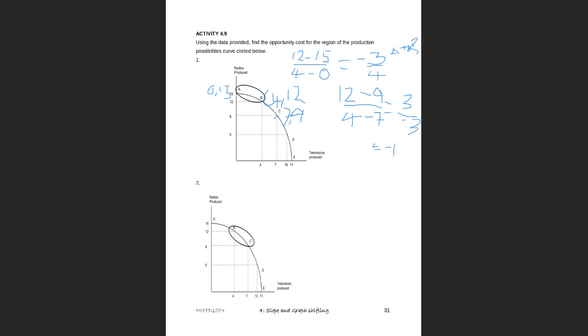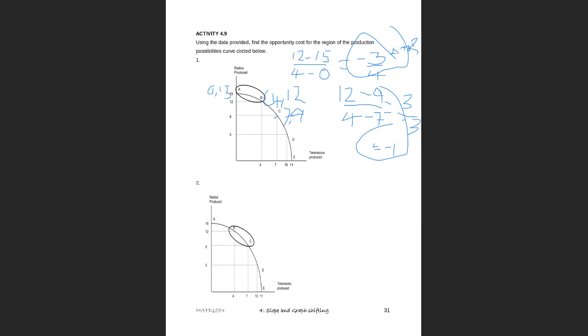So all that I'm trying to say here is that the opportunity cost is a curve. Have you seen that? And it always changes along the curve. It's not constant. Understand me? That's why we are getting a different gradient here from a different gradient here.